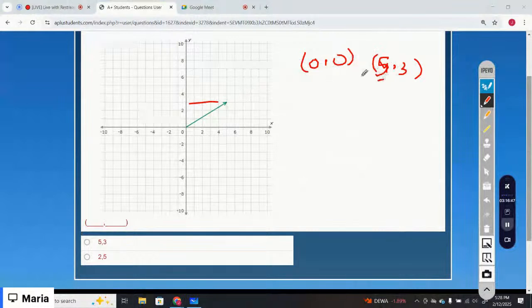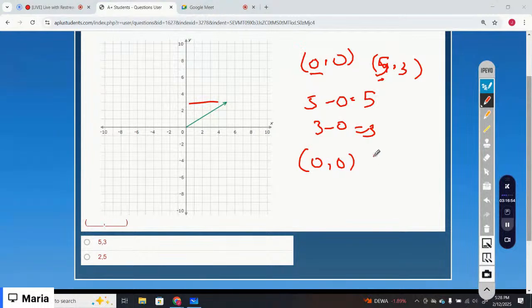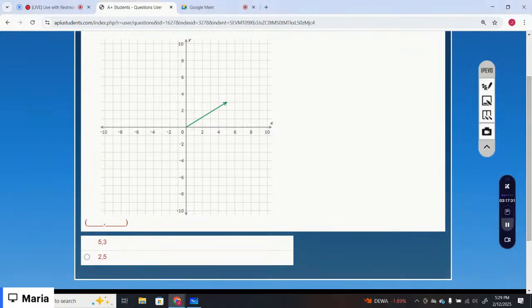Subtract the x coordinates, that is 5 minus 0, that is 5, then 3 minus 0, that is 3. So together they make 5 and 3.